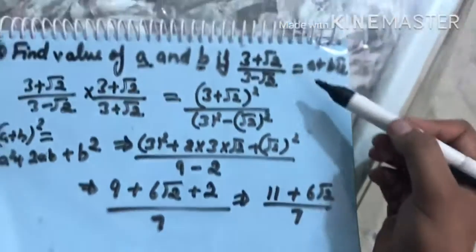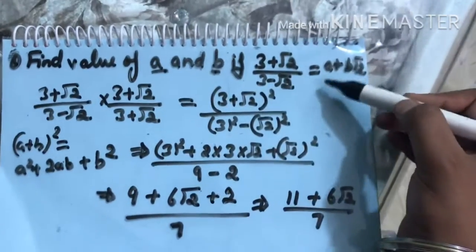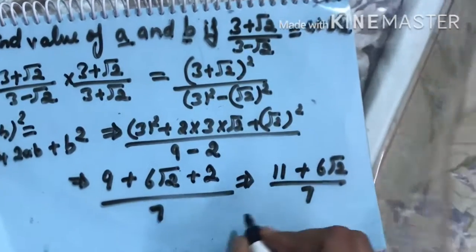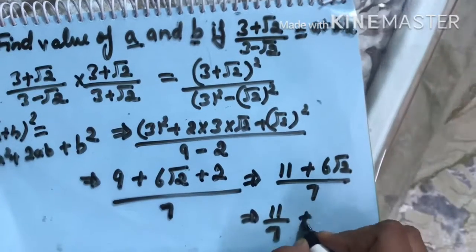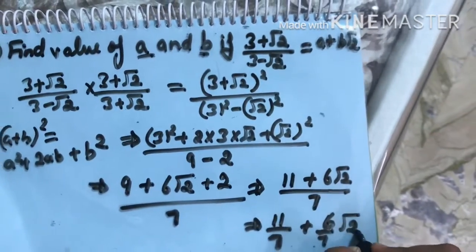Here we have to find the value of a and b, and the b term contains root 2. So now separating this, it will become 11 by 7, and 6 by 7 root 2.